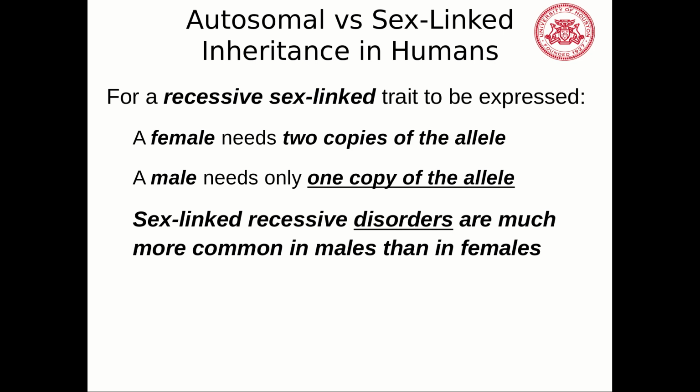All right, so autosomal versus sex-linked inheritance in humans. For a recessive sex-linked trait to be expressed, a female needs two copies of the allele. A male needs only one copy. So males only have a single X chromosome. The X is what all humans have to have. You don't survive to birth without at least one X. If you have two of them, you're female.